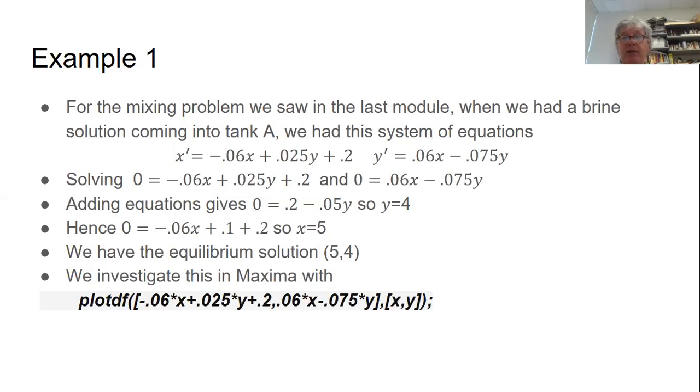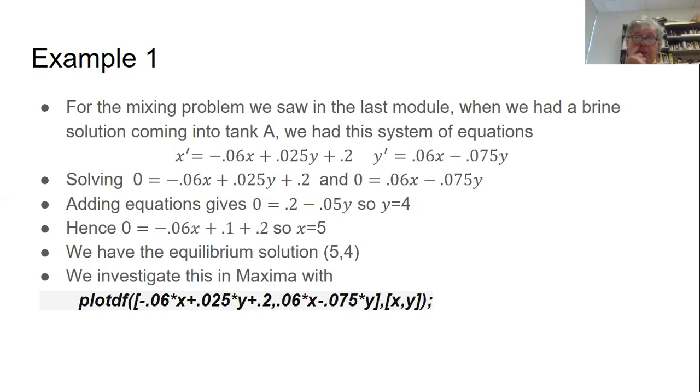Remember, it's coming in at 2 gallons per minute. So this changes the system by adding a 0.2 to the x prime, because 0.2 pounds per minute of salt is coming into tank A.